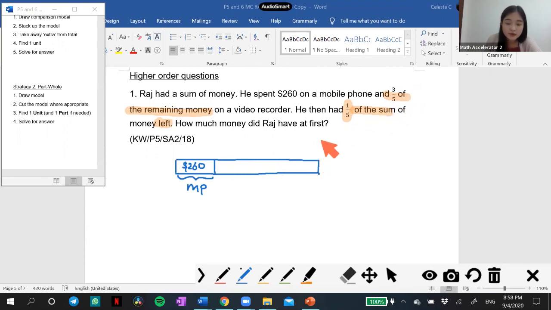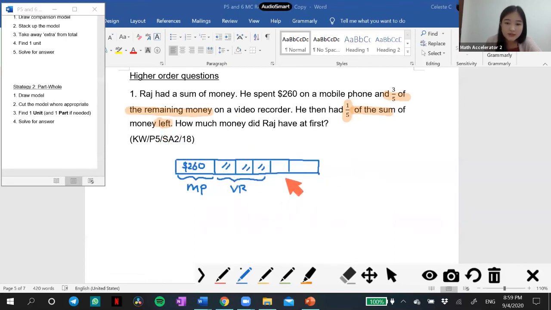So 3/5 of this was on a video recorder. 1, 2, 3, 4, 5. This is on VR, video recorder. He then had 1/5 of the sum of money left.